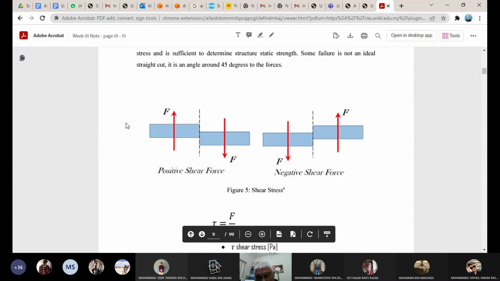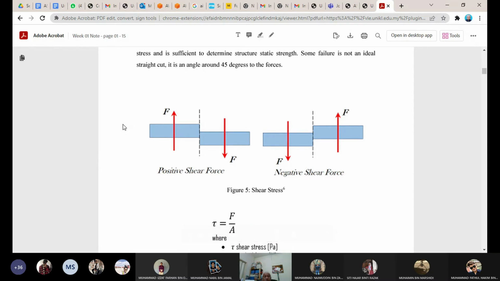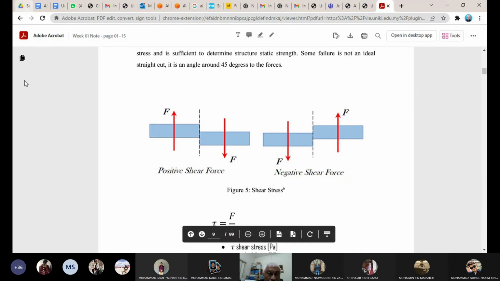Shear is almost similar to the axial force. However, the area is parallel to the force. For axial compression and tension, you pull, so the area we are concerned with is the area 90 degrees to the force. However, for shear, the area is parallel to the force. So you apply the force here, both sides, like you make a section, you cut this piece.